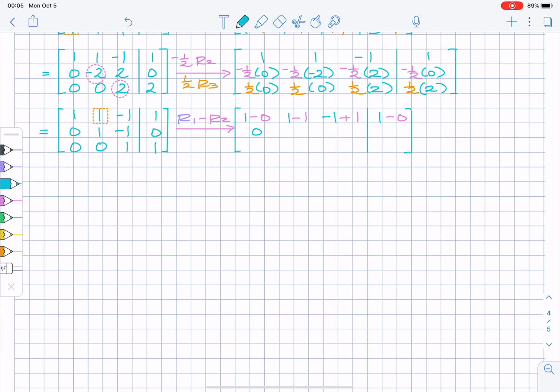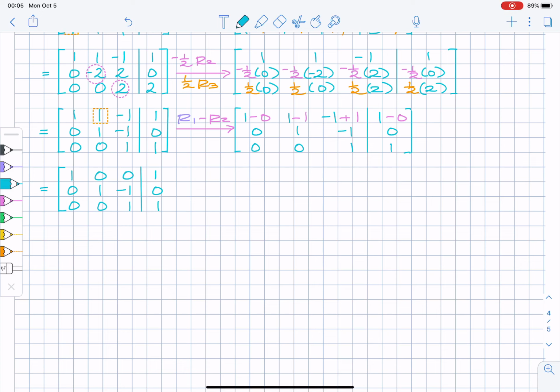Namely, 0, 0 for the first column, 1, 0, -1, 1, and 0, 1. So what this gives us then will be 1, 0, 0, 0, 1, 0, 0, -1, 1, augment 1, 0, 1.